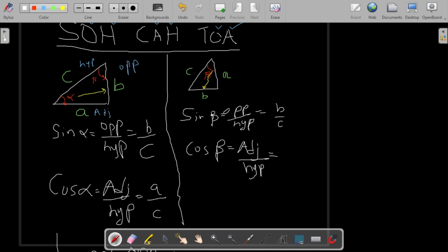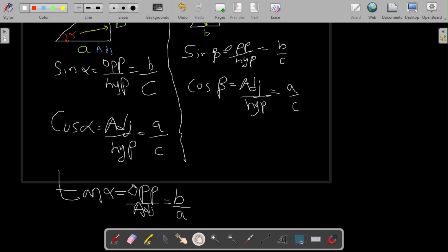So your adjacent is A. Based on this beta angle, your hypotenuse is C. If you look at the previous one, the same thing we got for cos alpha is what we are getting for cos beta.